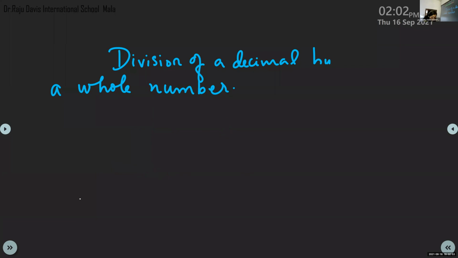See the next question. 25.5. I think your doubt will be cleared by this question, children. 25.5 divided by 3. Find out the answer. 255 divided by 3, what is the answer?